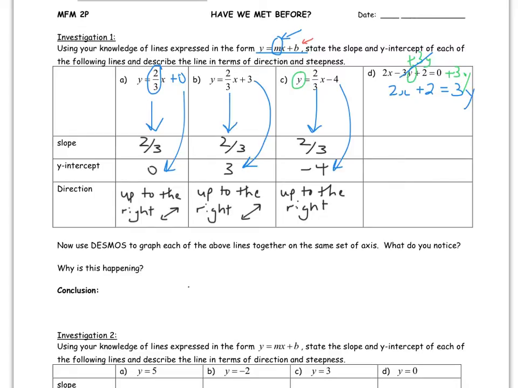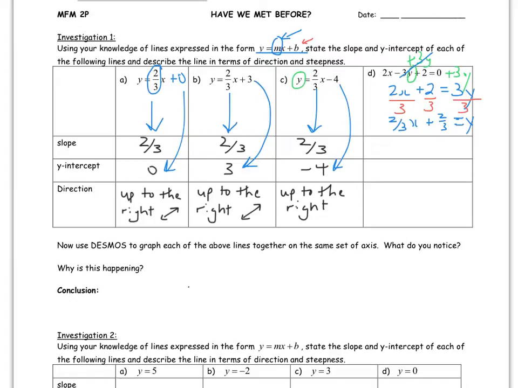Now, the 3 is keeping the y from being alone, and it's multiplying. The opposite of multiplying is dividing. But to keep our equations balanced, we have to do that to every single term to make sure that it's equal. So that leaves me with 2/3 x plus 2/3 equals y, or y equals 2/3 x plus 2/3.